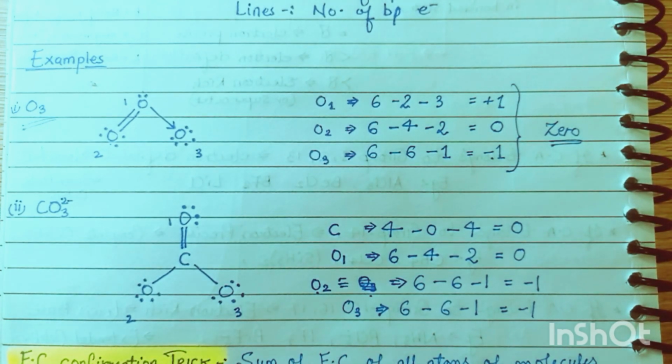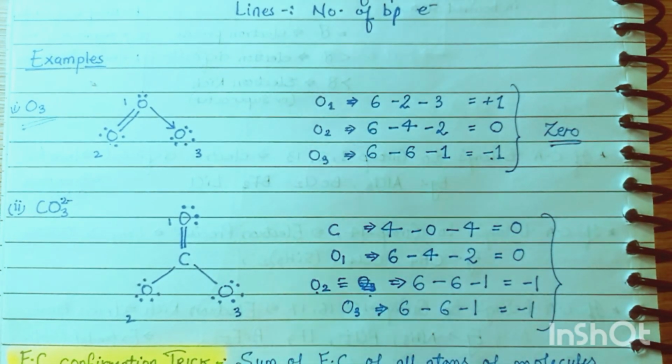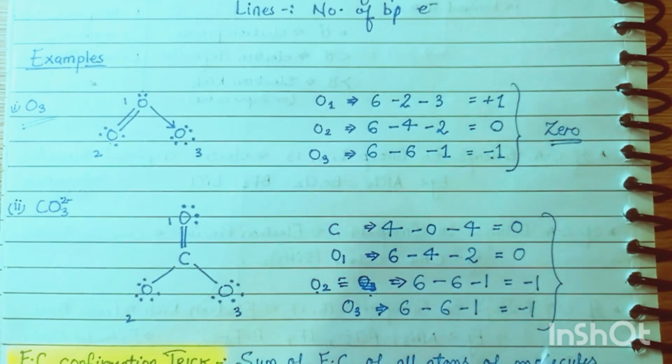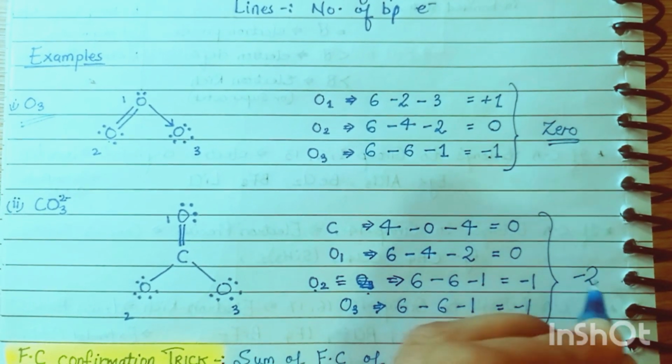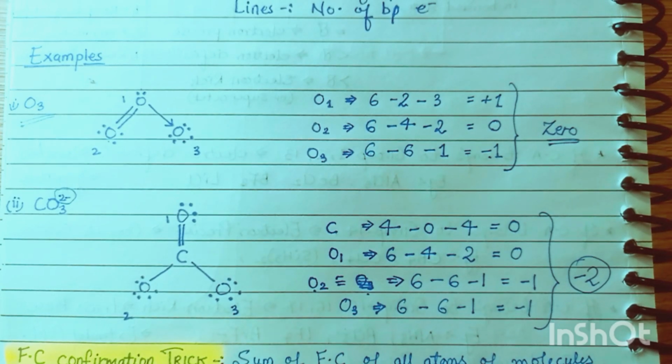Whether I calculated the charge correctly or not, you can identify. Add all the charges. If you add all the charges, it comes out to be -2. That is the charge of the molecule. So we calculated the formal charge correctly.